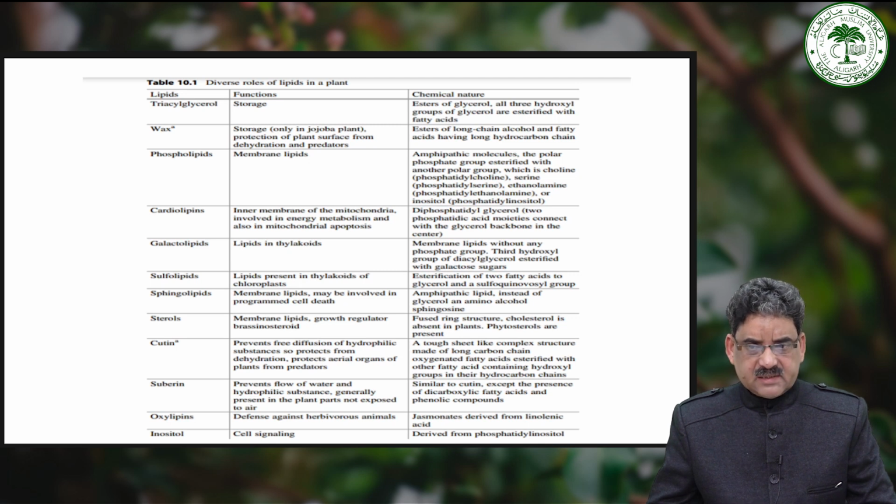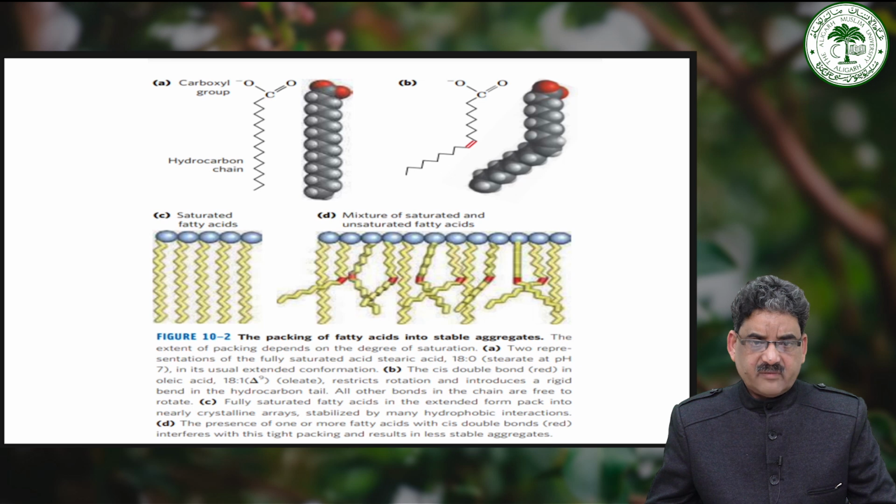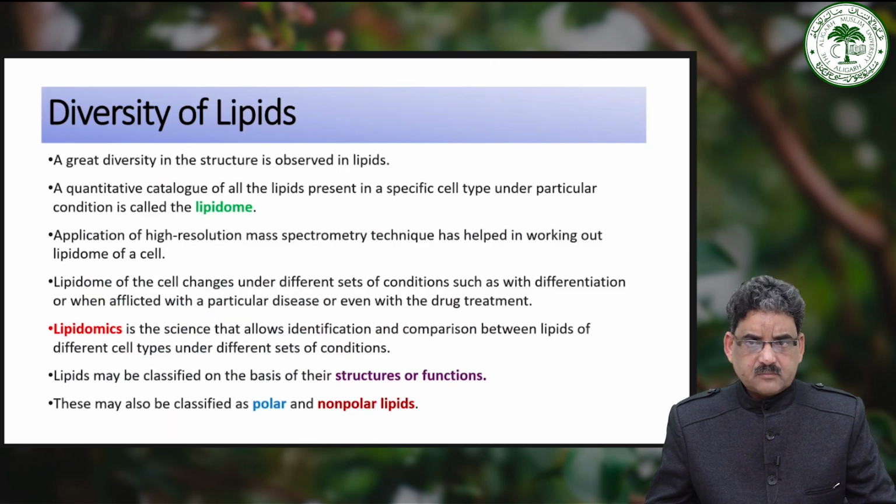This comprehensive understanding of lipid functions and chemical nature highlights their critical roles in various biological processes and structural components across different organisms. So this slide shows the diversity of the lipid.